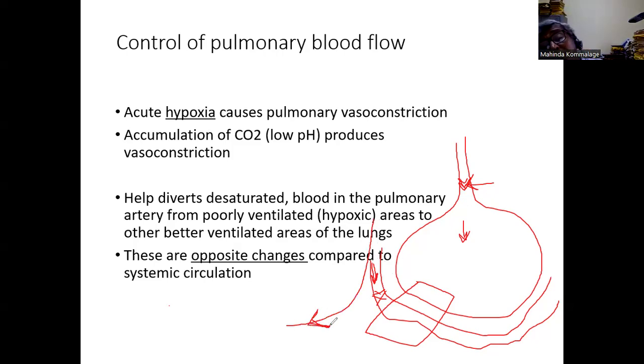So remember, if there is a hypoxia, there can be a vasoconstriction in the pulmonary blood flow to divert that blood to some other good alveoli. Right? So that is an important aspect of control of pulmonary blood flow.